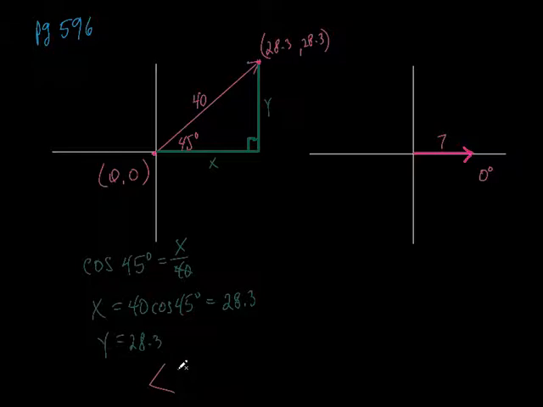Remember, it's just x2 minus x1 and y2 minus y1. So it comes out to 28.3, and this is 28.3 minus 0, which is just 28.3. That's the component form. I took this vector and broke it down into its two components. I had to use some trig to get to that point.